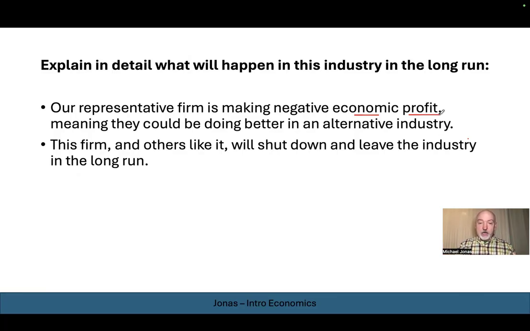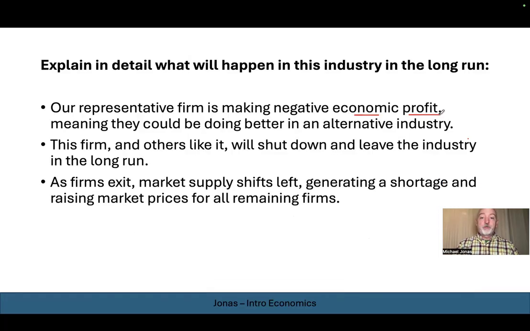So with negative profit in the long run, firms start to leave. Right? They start to exit the industry. And now we just have to remember, well, wait a minute. The market supply curve is a function of the number of firms producing the product. So as firms start to exit the industry, that market supply is going to start to drift to the left.